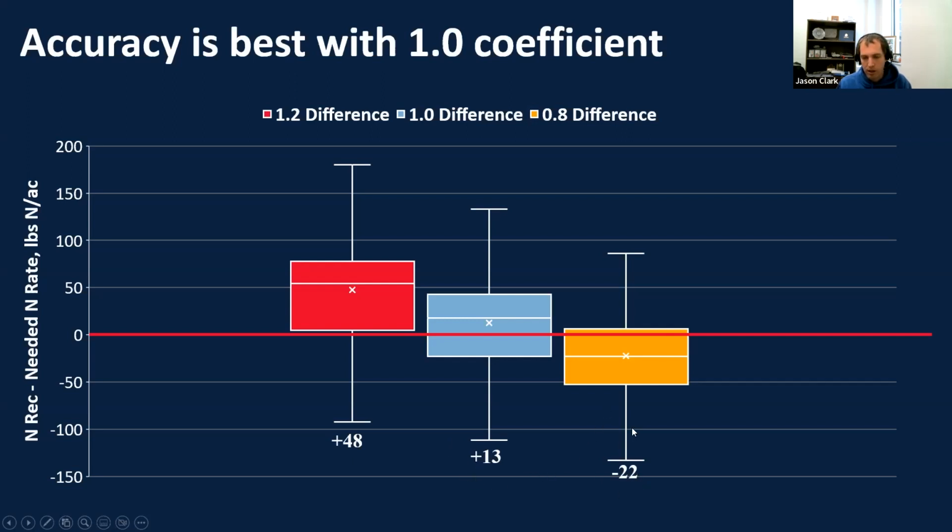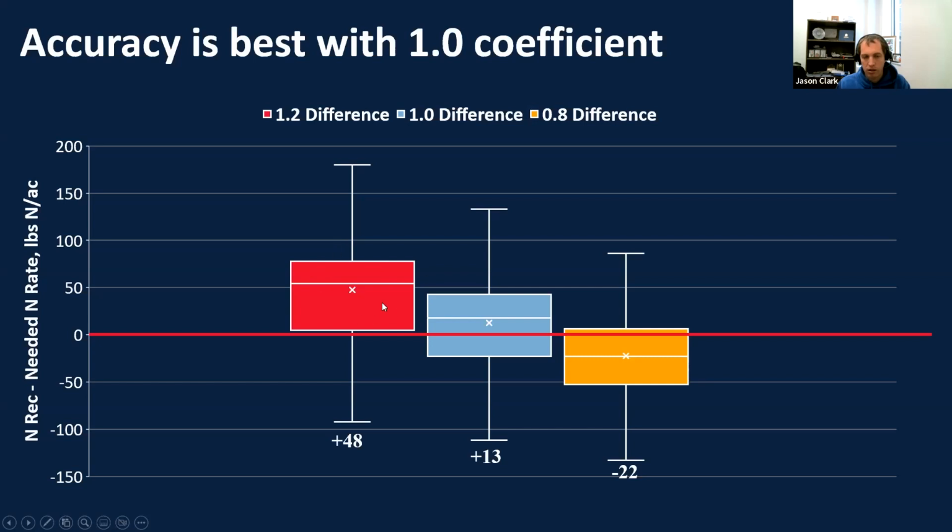So we can see that as we go below 1 to 0.8, we tend to be underestimating more. If we see this box right here, which is the center 50% of the data, we see that we're pretty much straddling that box around zero, which is kind of the best that we can really do. So that shows us that 1.0 is going to be more accurate.